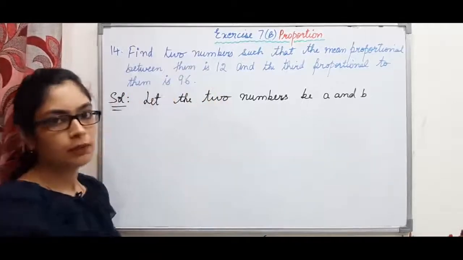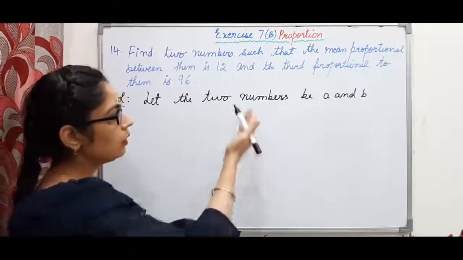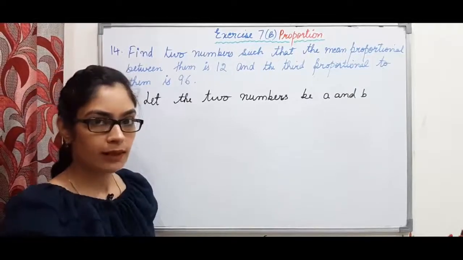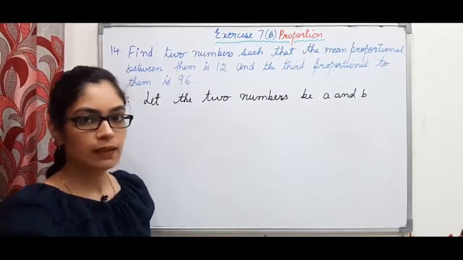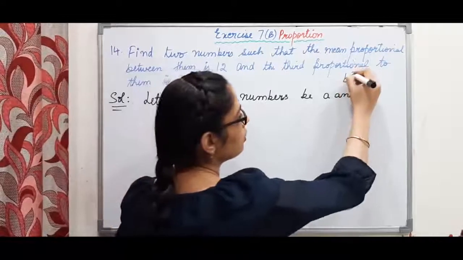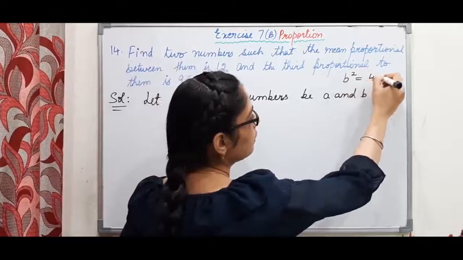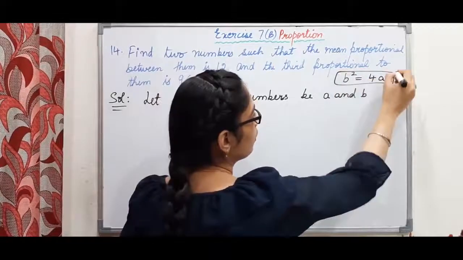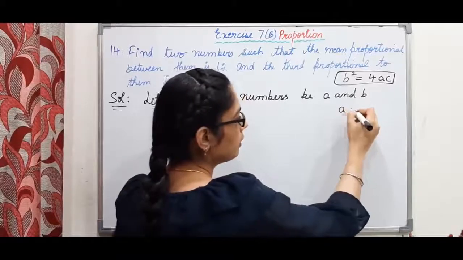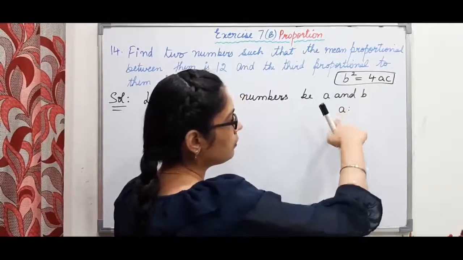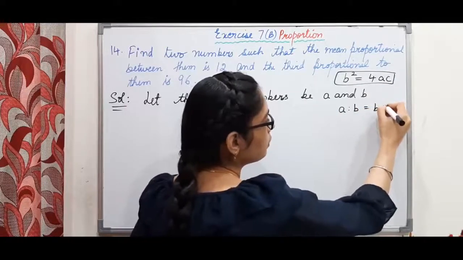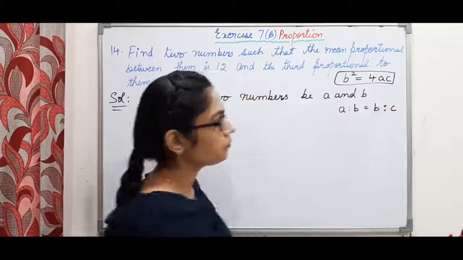Since there are three numbers in both equations, three numbers are in continued proportion. For continued proportion, you always have to remember the formula b square equals ac, because in continued proportion the ratio of the first proportional to the second equals the ratio of the second proportional to the third.